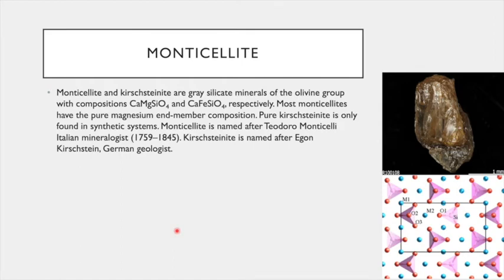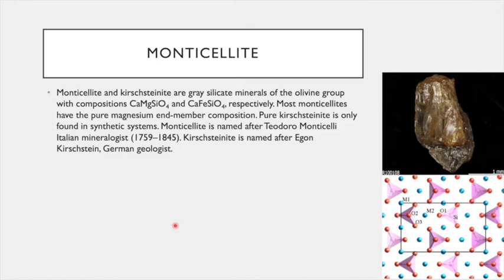Okay, so in the olivine group, two not so common members are monticellite and kirschsteinite, gray silicate minerals of the olivine group, with compositions calcium magnesium silicate and calcium iron silicate, respectively. Most monticellites have the pure magnesium end member composition.